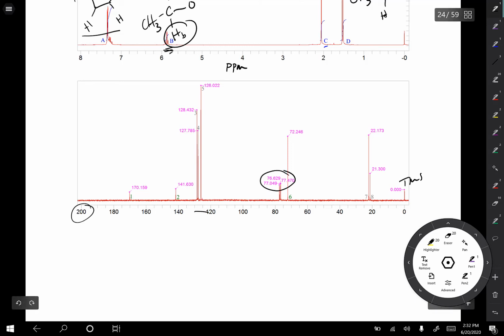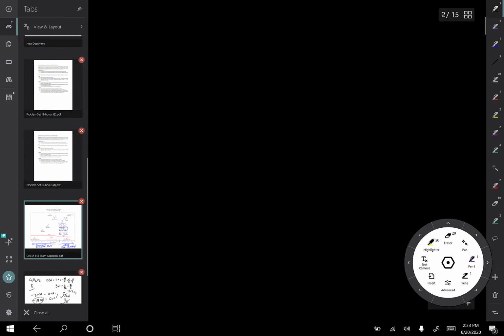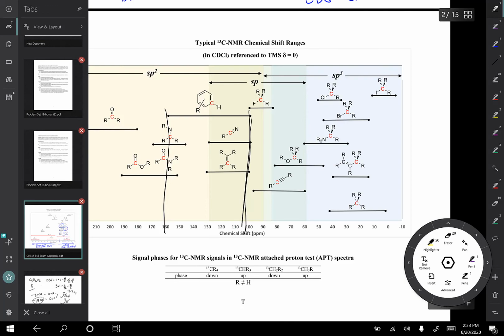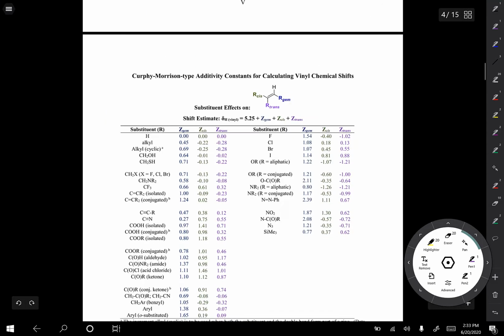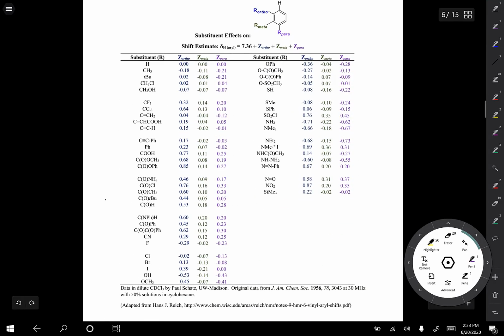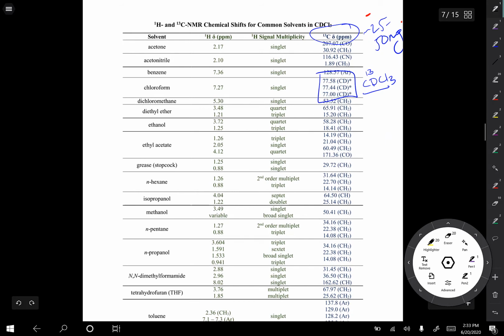What about this guy? What is this? If you're not sure, what you can do, you'll see this often, and some of you already know this by now, is use your appendix again. Let's scroll down to common solvents. Oh, I already circled it for you. I'm showing another student. So here you've got chloroform. Chloroform is a really common solvent. We use a deuterated version, so CDCl3.